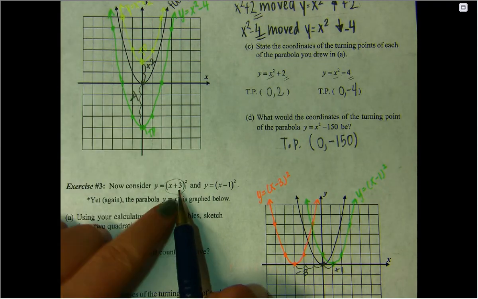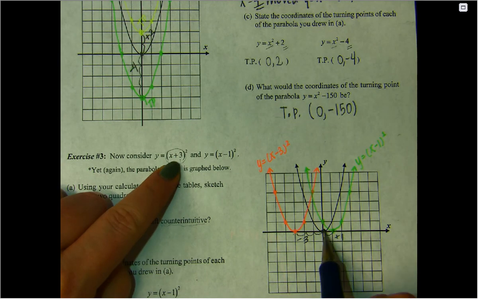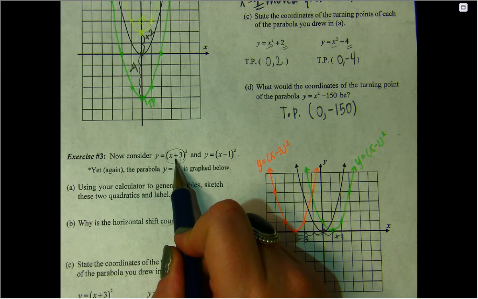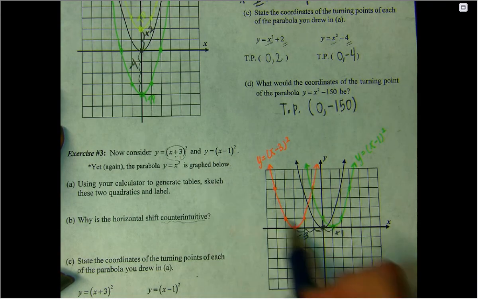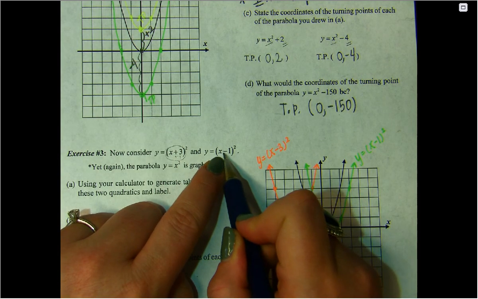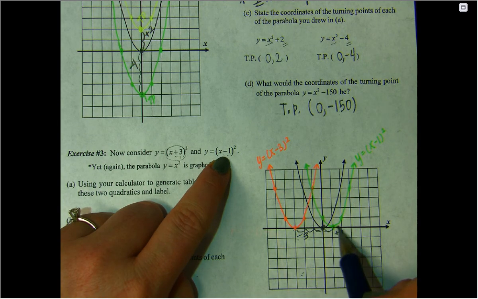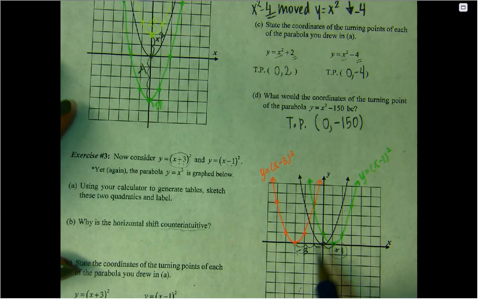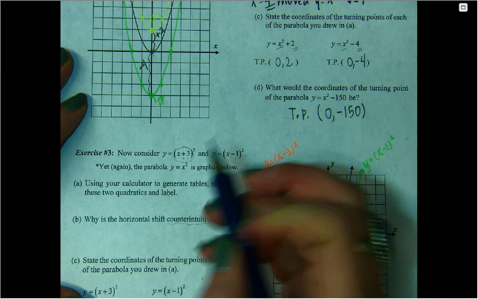So this horizontal shift, it came all the way over here and it ended up shifting to the left 3 units. But this is a plus. So opposite of what I thought it was going to do. This one says x minus 1, but when I shifted it, it went to the +1. So it goes the opposite way that this sign tells you.